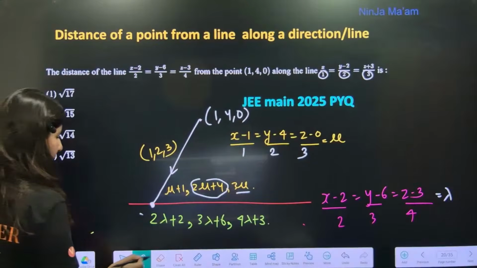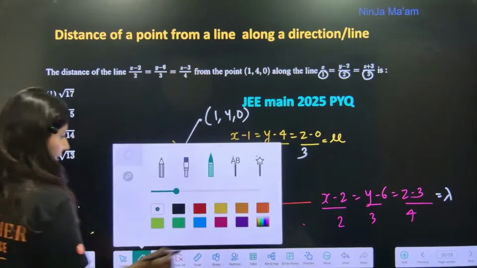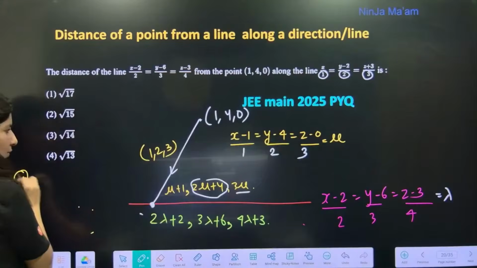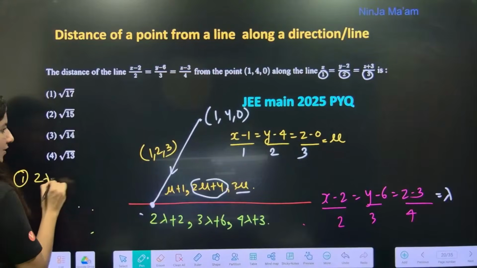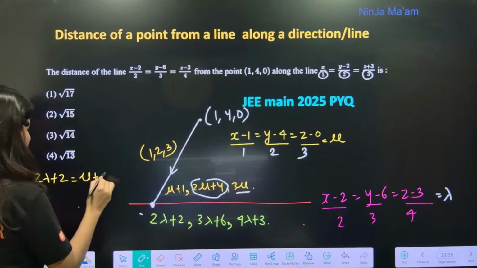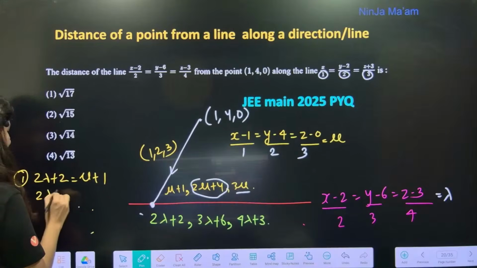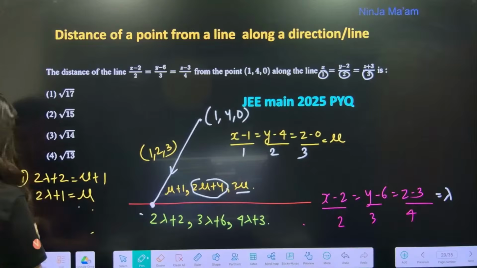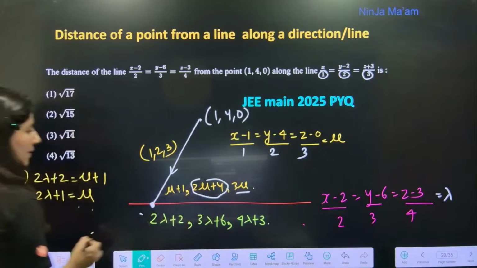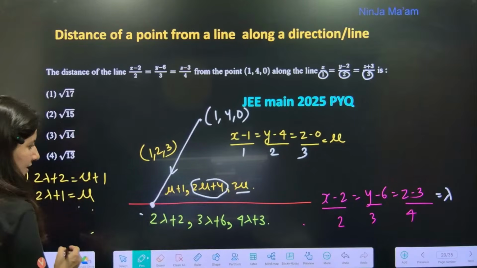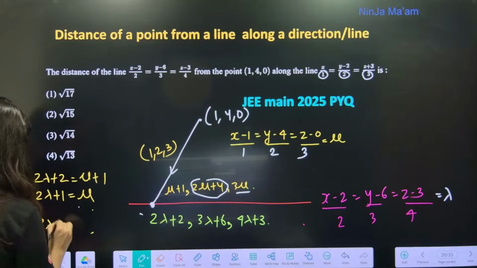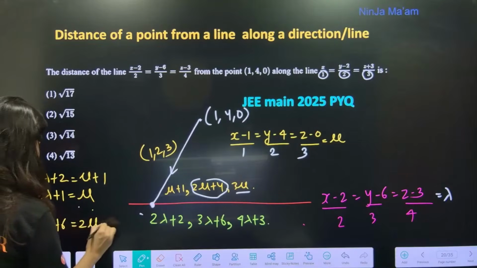Same procedure, equate. If you equate the first equation, 2 lambda plus 2 is equal to mu plus 1. So it is going to give you 2 lambda plus 1 is equal to mu. Second, now equate this: 3 lambda plus 6 is equal to 2 mu plus 4.